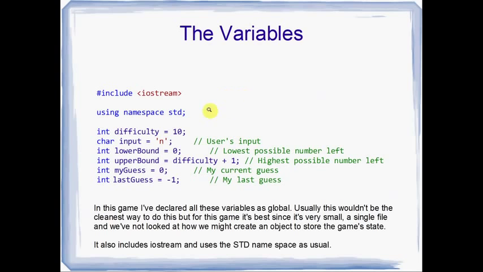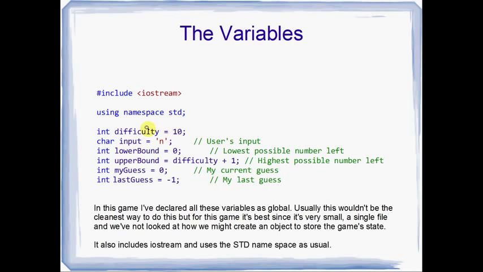Okay, so we're just going to start going through it. The variables in the game. First off, I've got to include iostream and using namespace std, but then I've got 6 variables in the game, and I've put these outside of any function, so they're global variables. They're available to every function, and normally you don't have all of your variables global in a game.